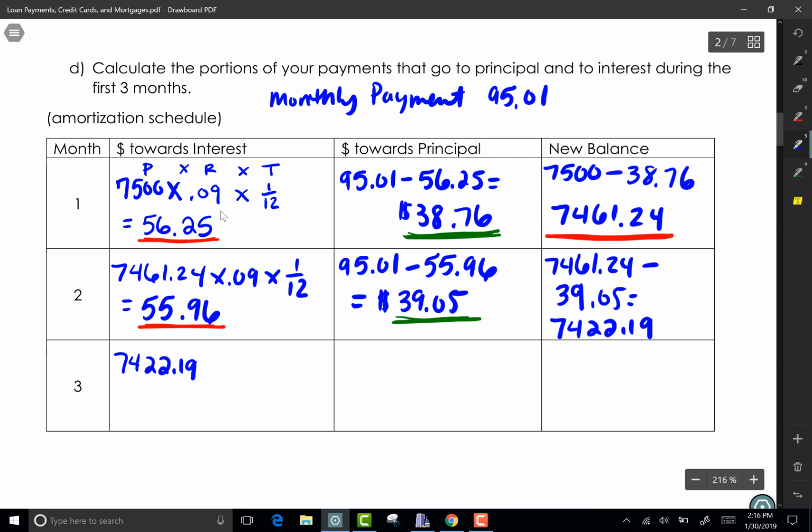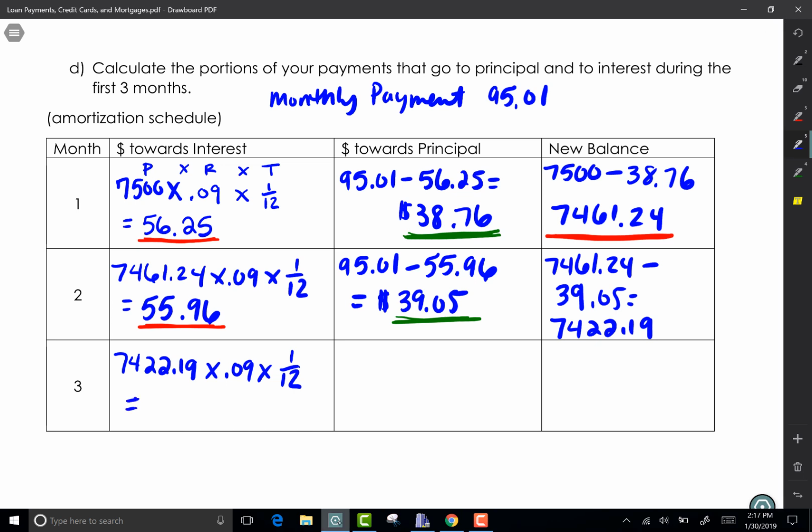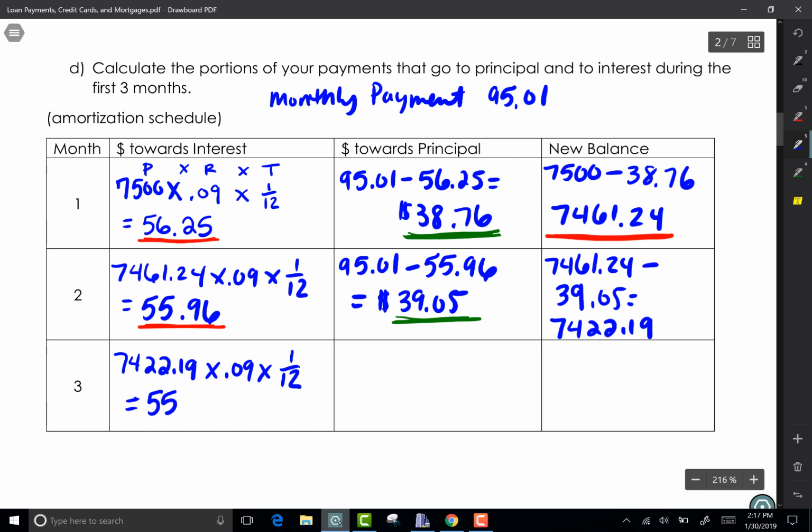So the last month, we're going to figure out the interest by taking the APR times the amount of time. This is 1 month, so I'm multiplying by 1/12. And for month 3, our interest is going to be 55.67.